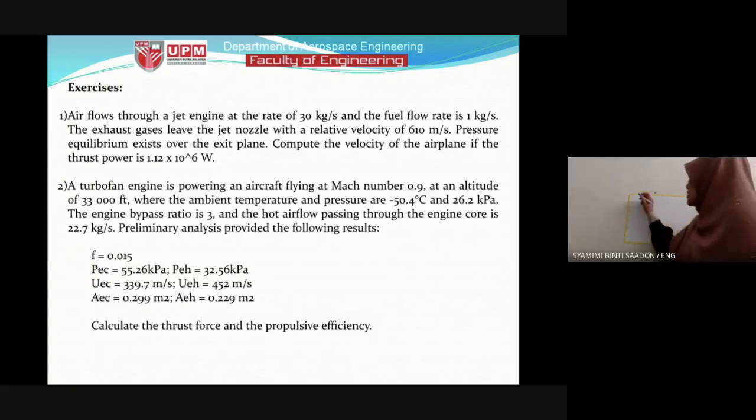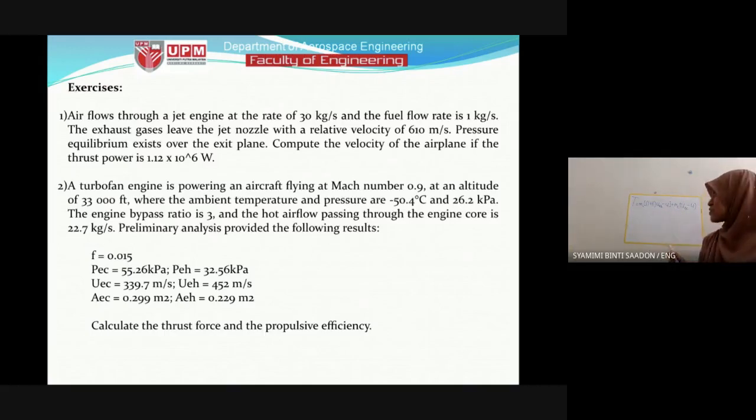Okay, right here, but it's a bit longer. Thrust. So, MH, this is the core part: (1 plus F) times (UEH minus U), and then plus MC times (UEC minus U).